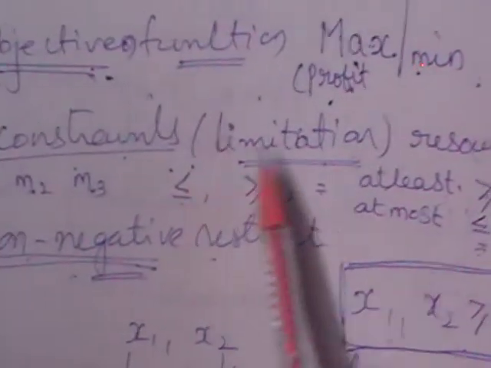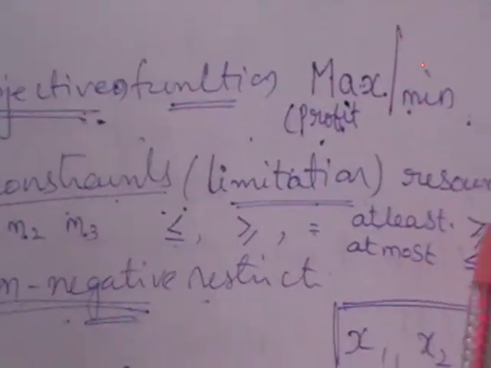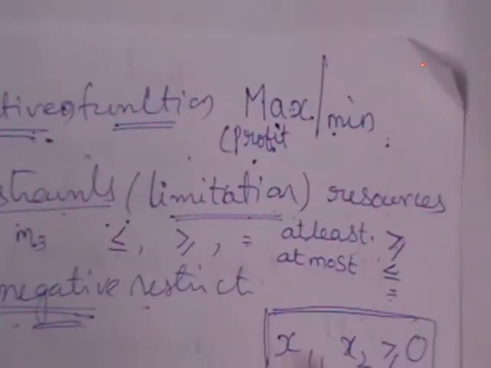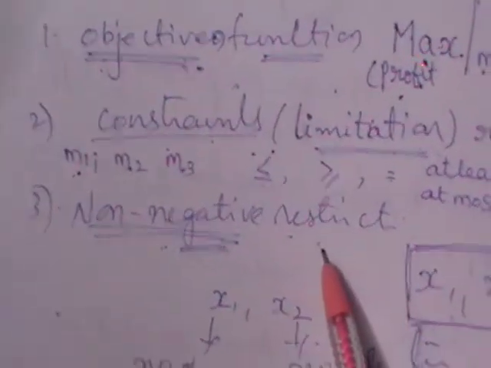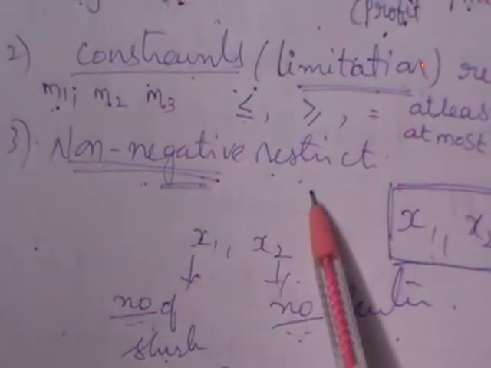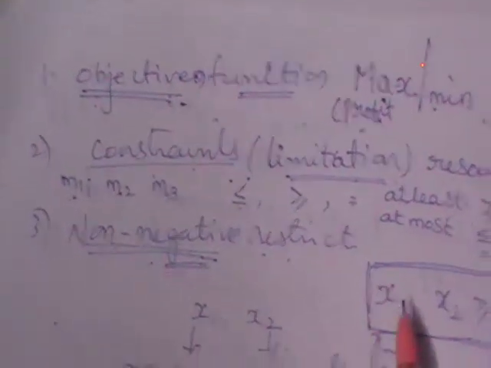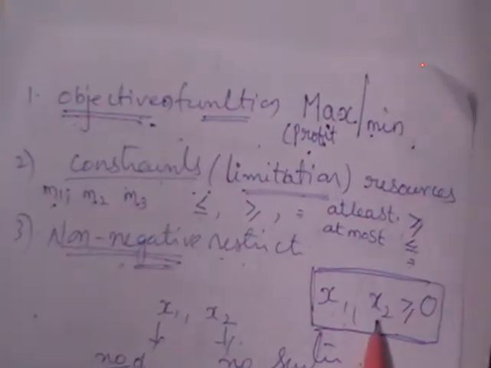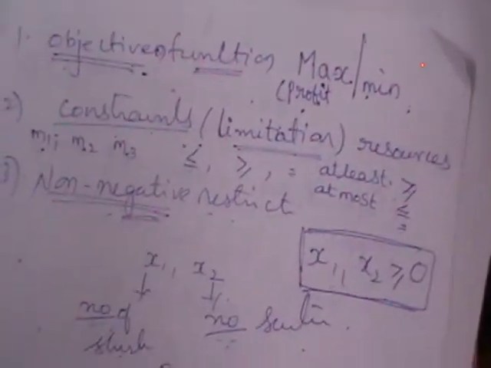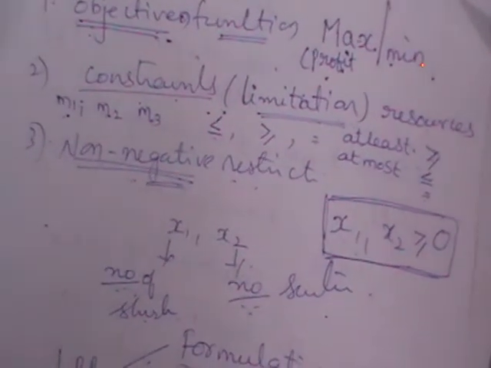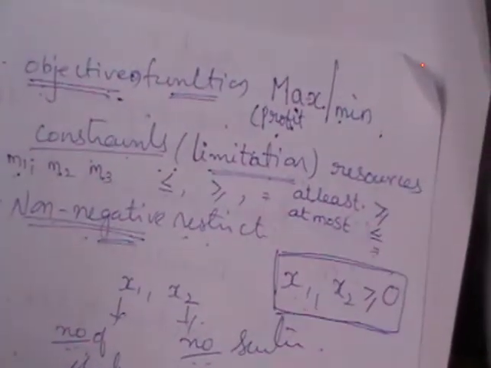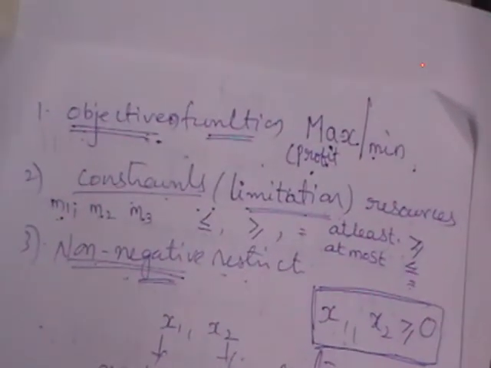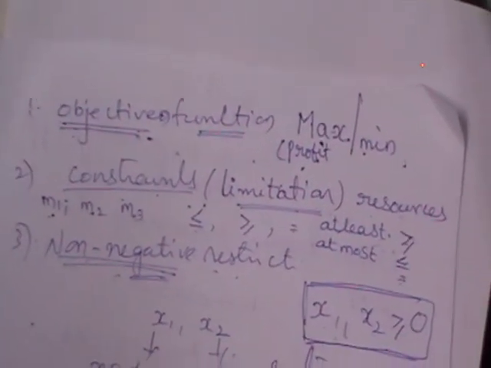In the constraints, you establish the availability of the resources in the form of inequations. Under the non-negative restriction, you specify that the variables used in this LPP are always non-negative. These together make the LPP. So this is the introduction to the LPP. Let us see in the next video how to frame the formulation of the LPP by taking a numerical example.